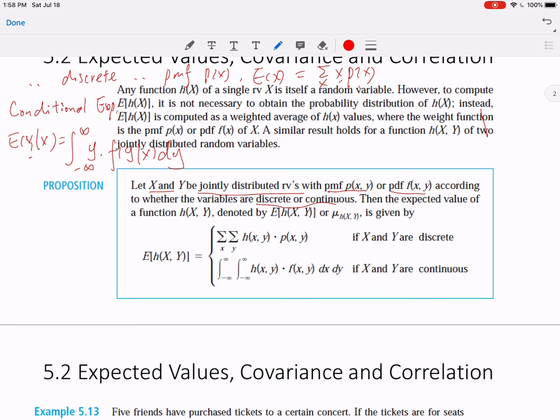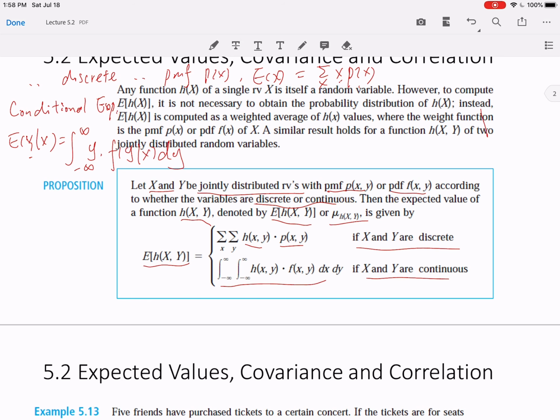Then the expected value of a function h of X,Y, denoted by E of h of X,Y or mu sub h of X,Y, is equal to the double integration of h of x,y times f of x,y dx dy if X and Y are continuous, or the double summation of h of x,y times p of x,y if X and Y are discrete. So the idea here is very similar to what we just went over.